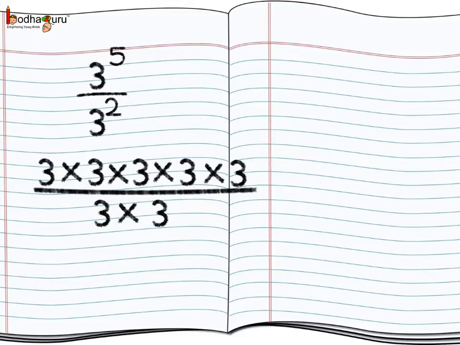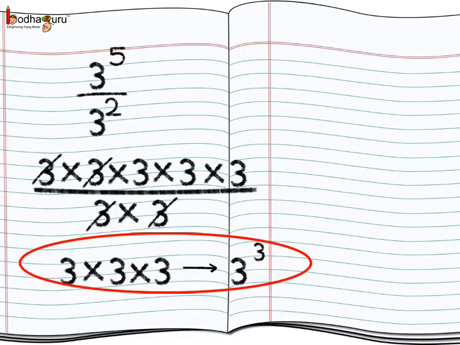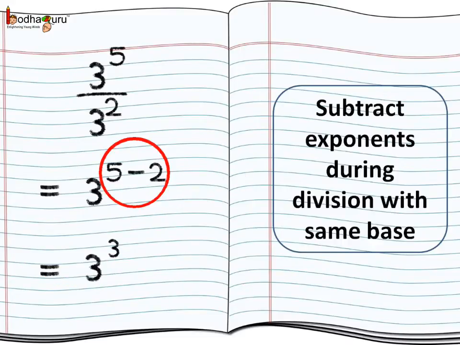As 3 to the power 5 means we multiply 5 threes, and 3 squared means 3 multiplied by 3. Simplifying further, 2 threes from the numerator cancel 2 threes from the denominator. Thus, only 3 threes remain, that is 3 cubed. Look, 5 minus 2 is equal to 3.